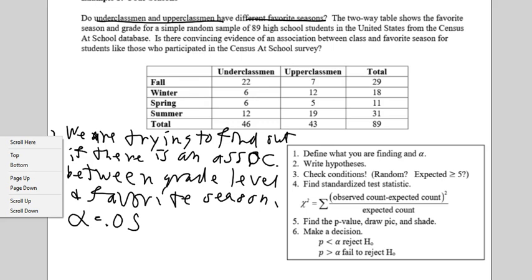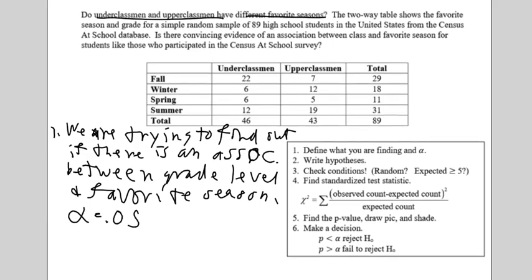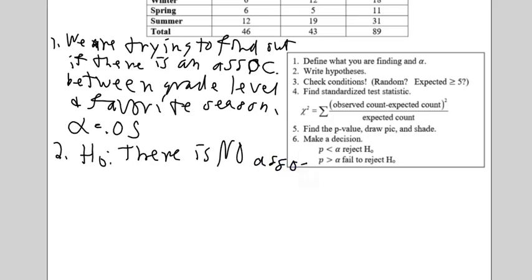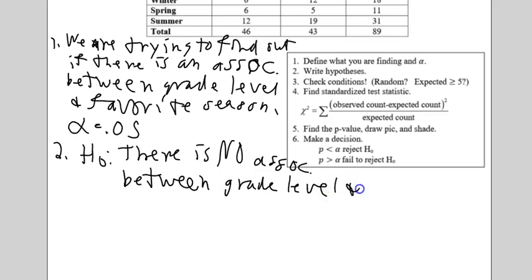Moving on, number 2, write the hypothesis. The hypothesis is easy. The Ho and the Ha are always the same thing. The Ho is always, there is no association, between the two things we've already said: grade level and favorite season.